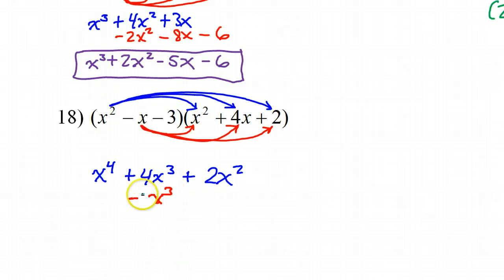It's sort of like having negative 1 x to the 3rd power, because this is like having a negative 1. Negative x times 4x is negative 4x squared. See how I line up the like terms? I highly recommend doing this. And then negative x times 2 is going to be negative 2x.